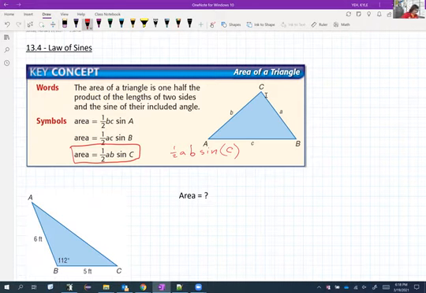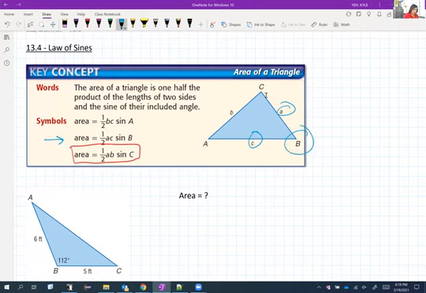So what is this saying? Well, in the diagram over here, 1/2 times A times B times sine of the angle in between them. 1/2 times two side lengths times sine of the included angle is the official term, but the angle in between them. If we look at the equation right above it, it says area is 1/2 A times C times sine of angle B. Again, that's just two side lengths and the sine of the angle in between them.